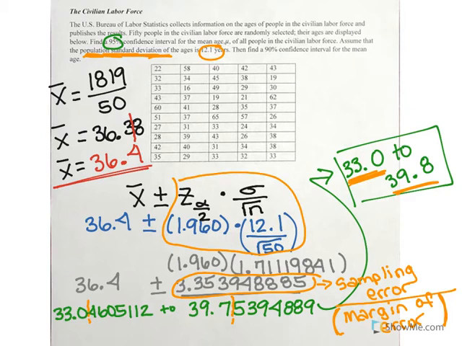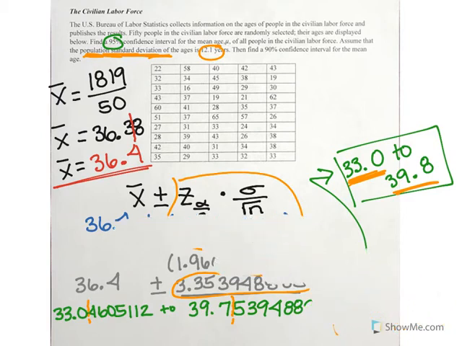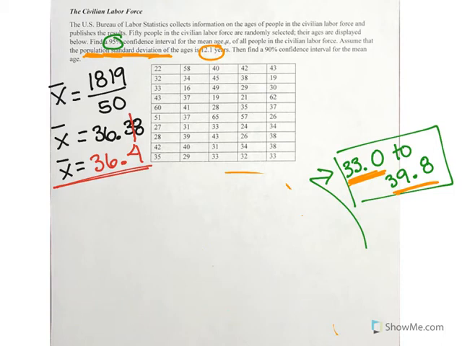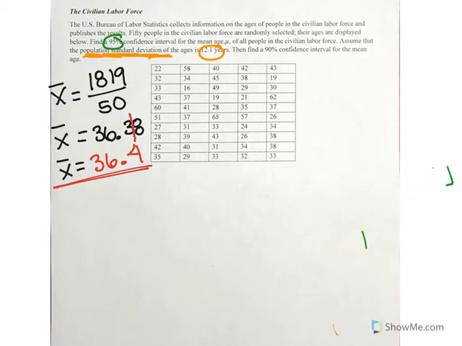Now I'm going to do a little erasing so I can do the second part of this problem, which asks for the 90%. So that one was 95. Now let's do 90%. And I'm going to write the formula back.